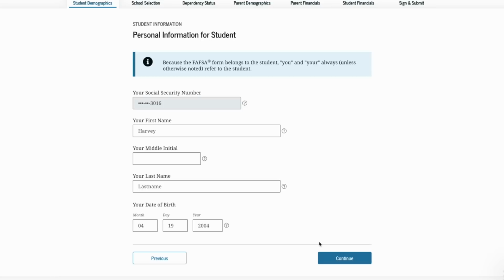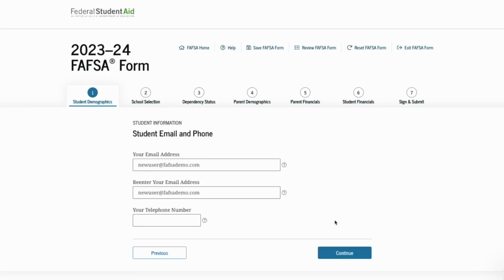So be careful to understand which section you're in and understand the term you and yours is referring to the student. The student's email address will be automatically transferred from their FSA ID information. If you want to include your phone number, you can do it at this time.